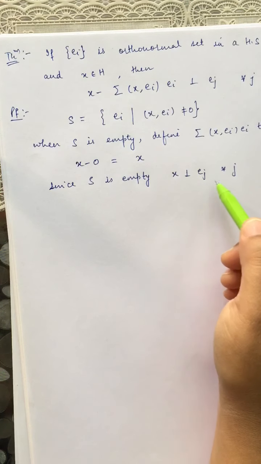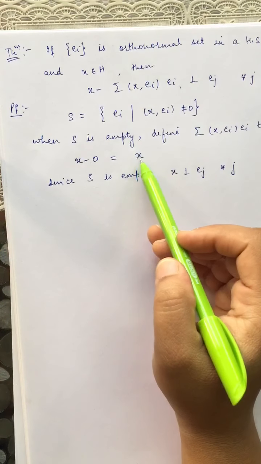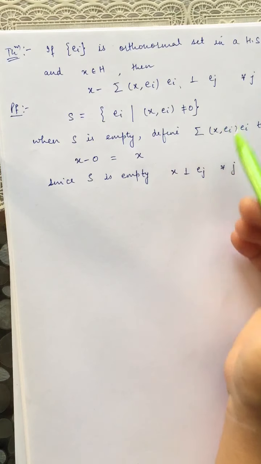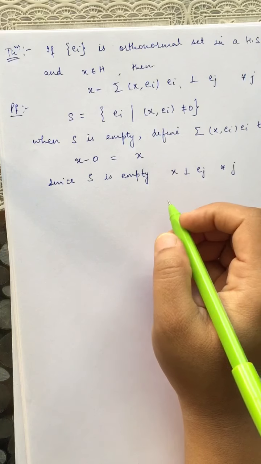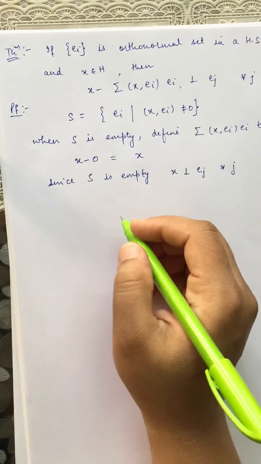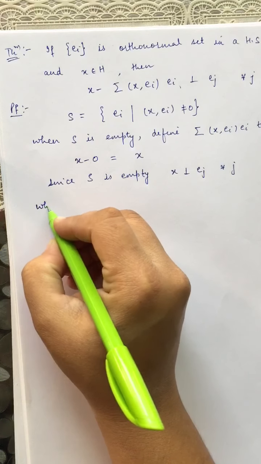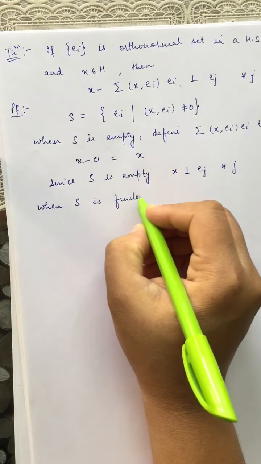It means x is perpendicular to all of the vectors. So the left hand side becomes x when we define this summation to be 0, and x is perpendicular to e_j for all j. That means the theorem is proved for the case when S is empty. And when S is finite, we have proved this case already in theorem A.